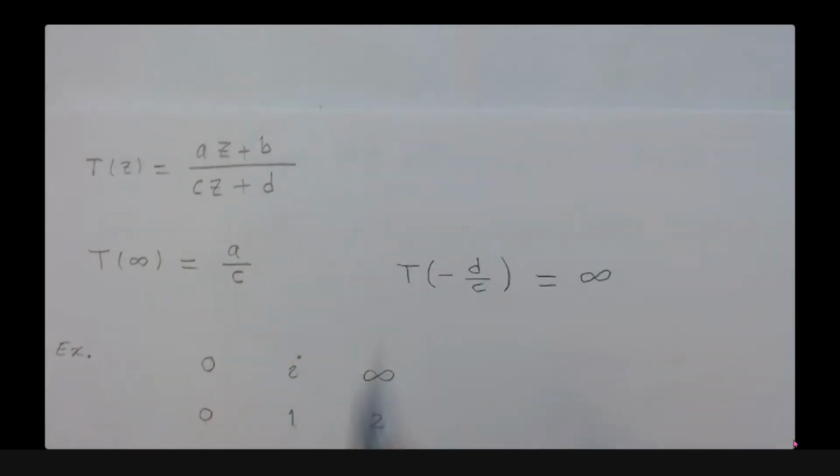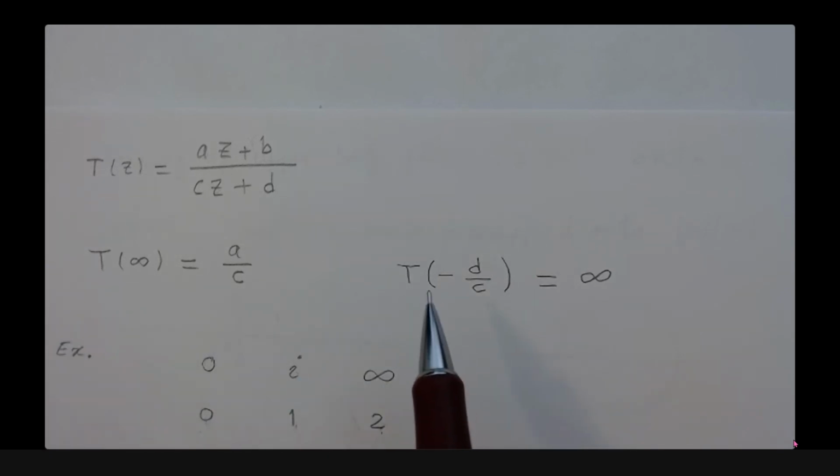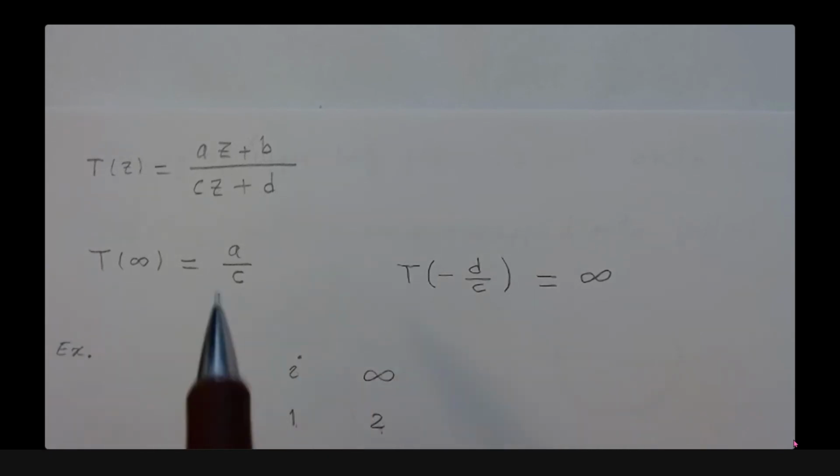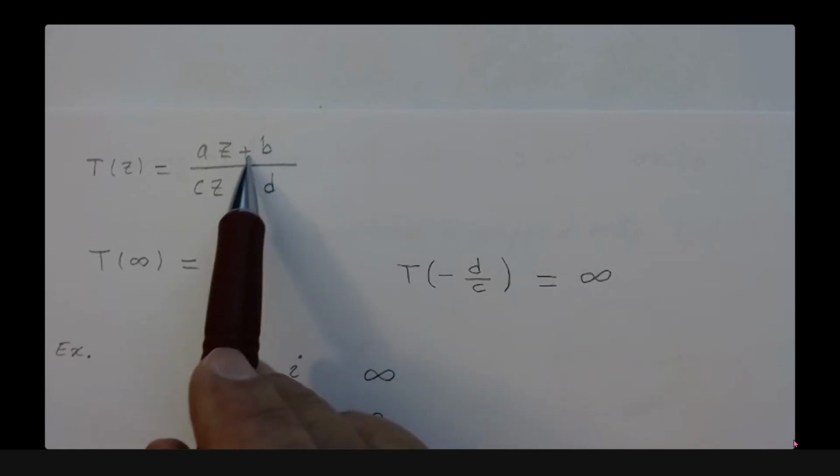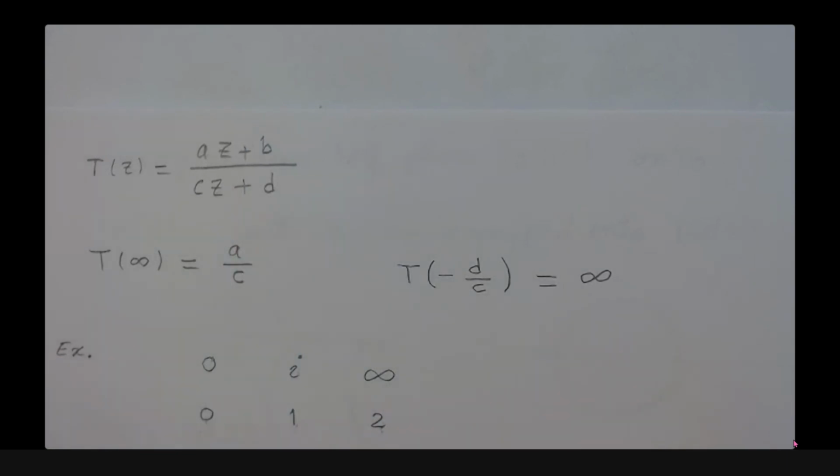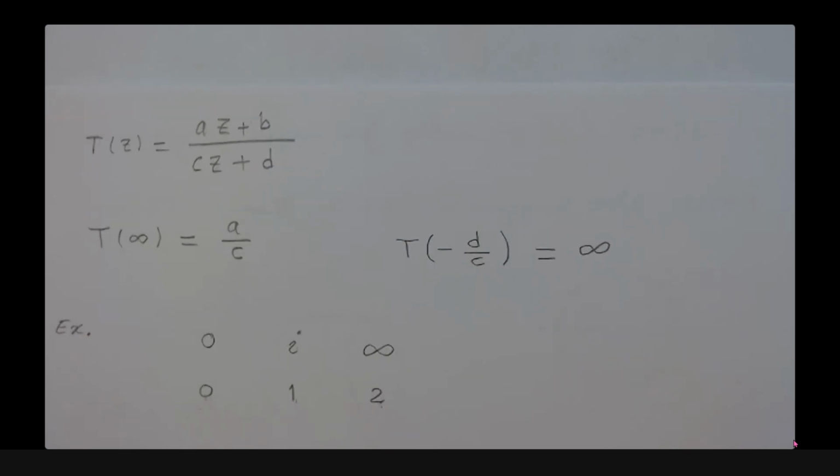So T of 0, if you plug 0, in order to produce 0 as output, B has got to be 0. Okay? That's one thing. The other piece of information is right here. If you plug infinity, we are supposed to get 2.